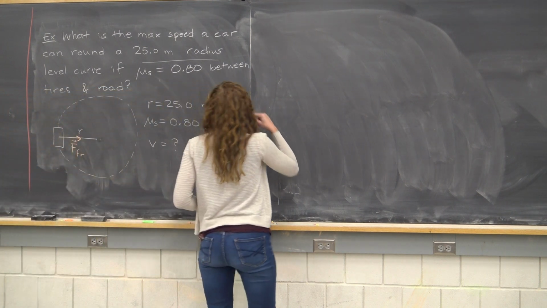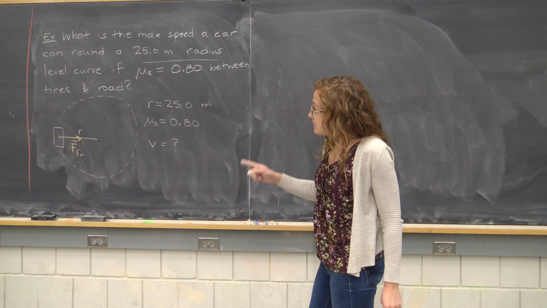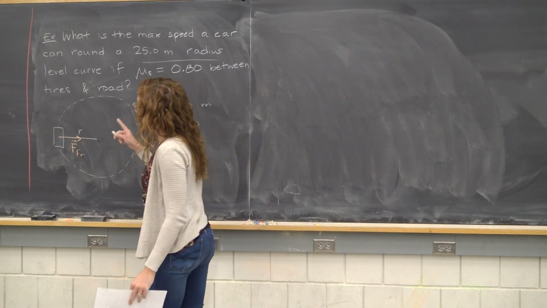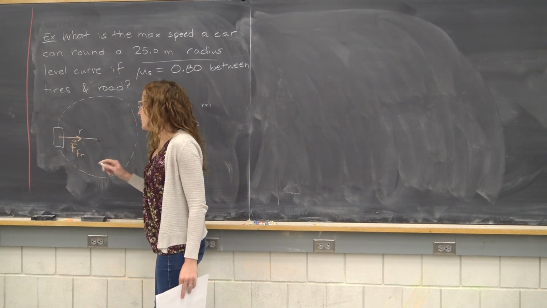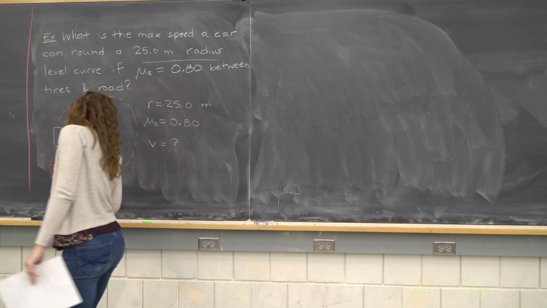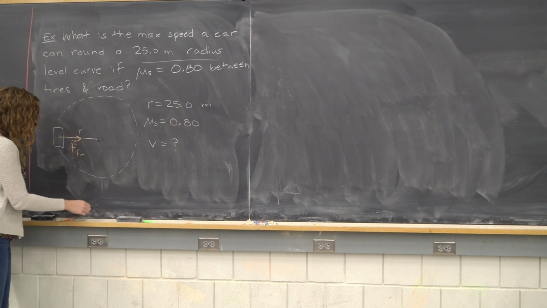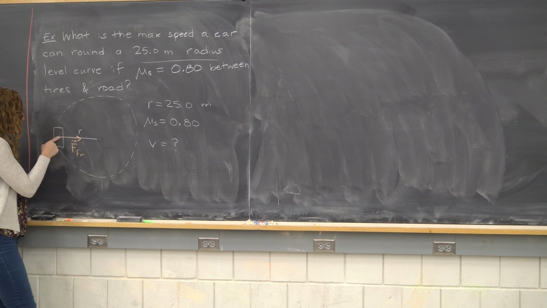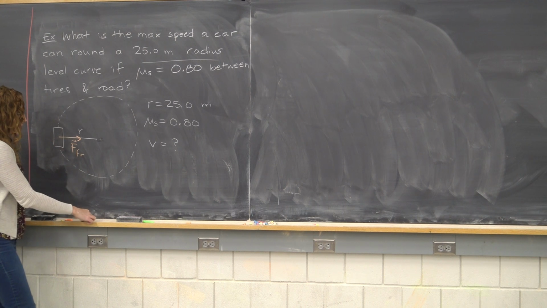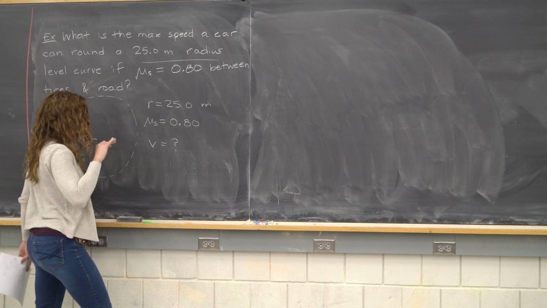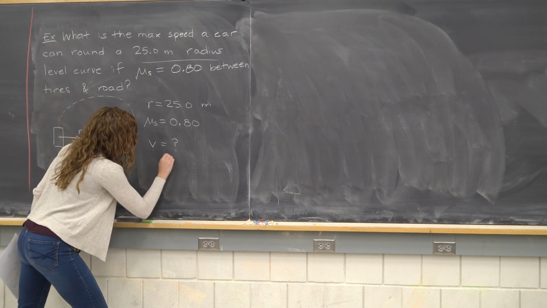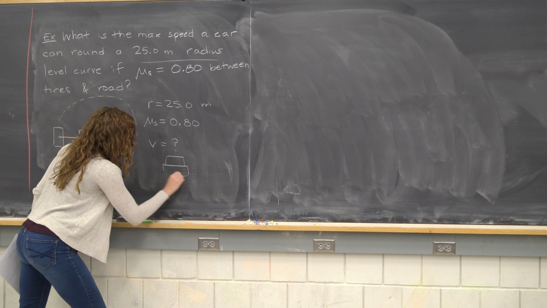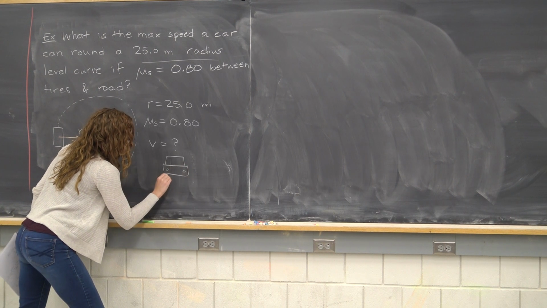So in this particular case, it seems like the way to analyze this is to think about it in terms of centripetal motion. We said that centripetal forces are any forces that point towards the center of the circle. Now, of course, there are other forces acting on this car, right? If I were to view the car front-wise, basically, like here's the windshield, and here's the hood of the car, and the headlights, and the little tires.